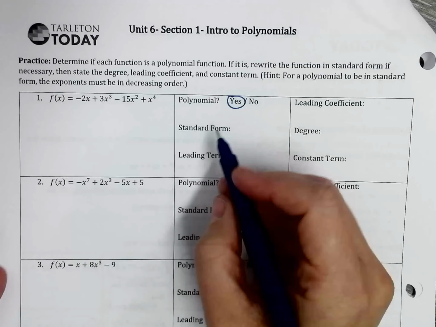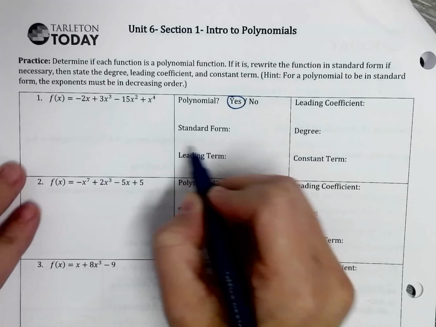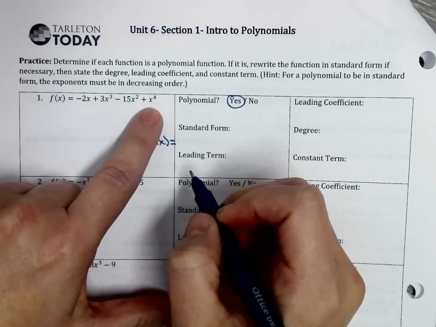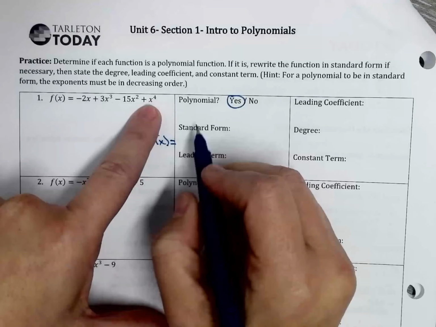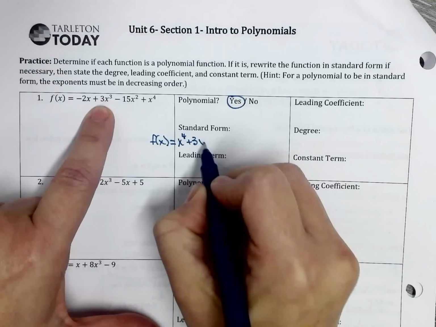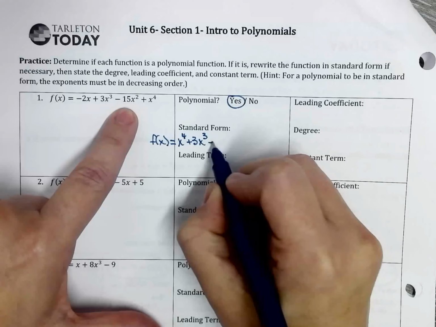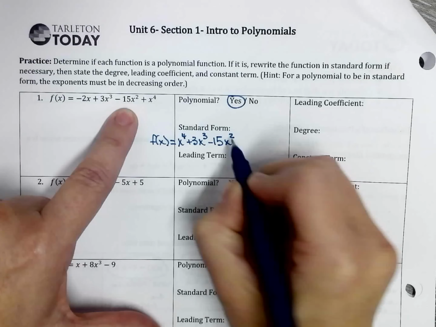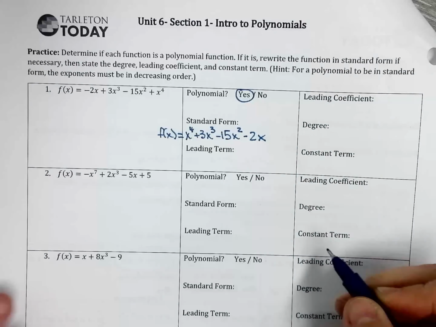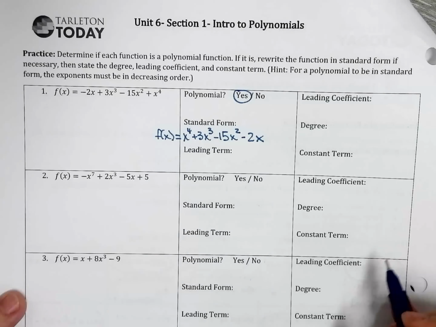So let's write this in standard form. I don't have enough room, so I'm going to start writing right there. We're going to write from highest exponent to least. So the highest one is x to the fourth power, and then I have 3x cubed, negative 15x squared, negative 2x. That's standard form right there.